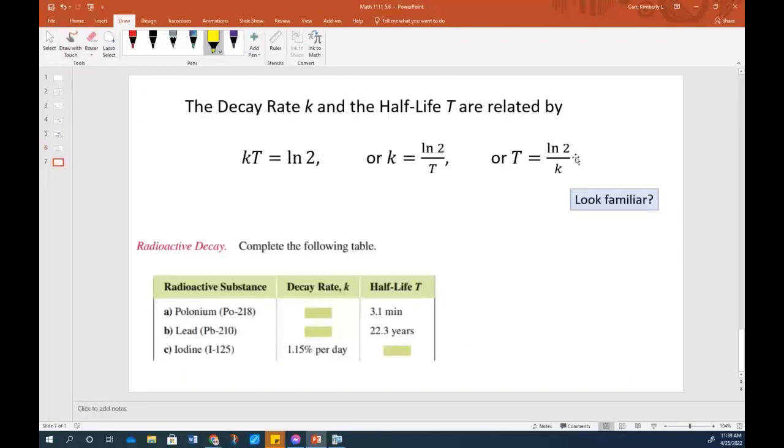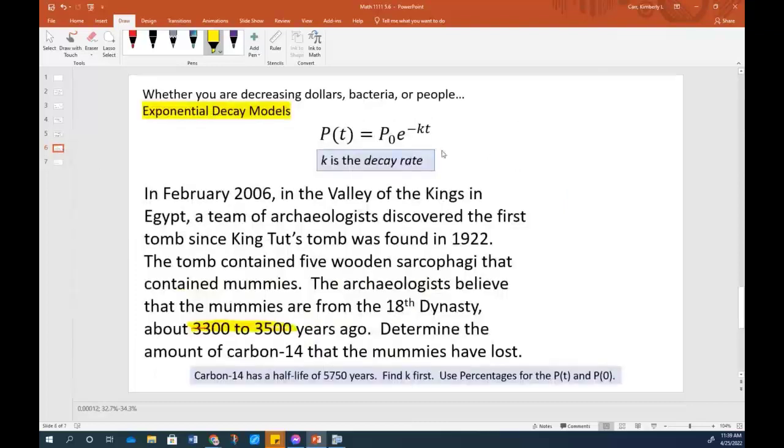This is the exact same relationship, even though now we have a decay rate. So just like before when we were doing growth rate, we said K times T is equal to ln of 2, and then we could use these. If I want to find K, I need ln of 2 divided by T. So that should look familiar, just like we did it before.